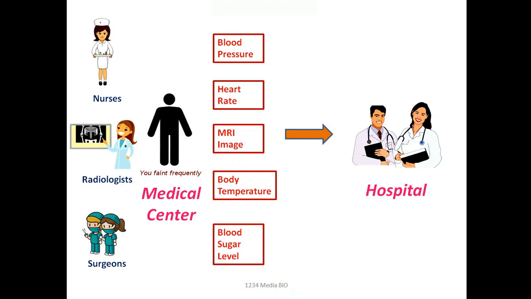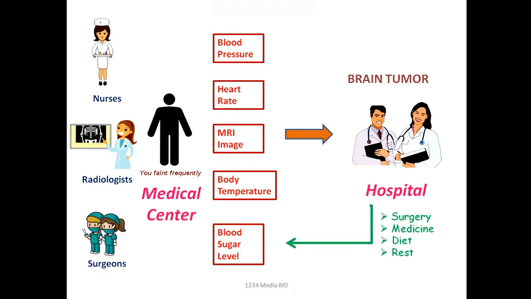The hospital studied your data carefully and said that you have a brain tumor. So in return, they instructed the surgeons to perform a surgery if required, and prescribed you medicine, a specific diet, and the amount of rest you need in a day to treat your brain tumor. Hey, I don't want you to have a brain tumor. This was just another example of telehealth.